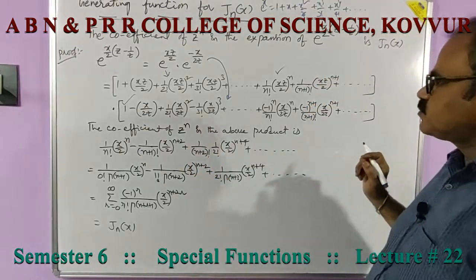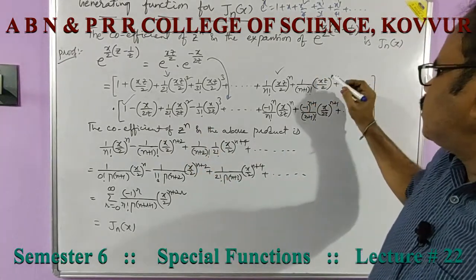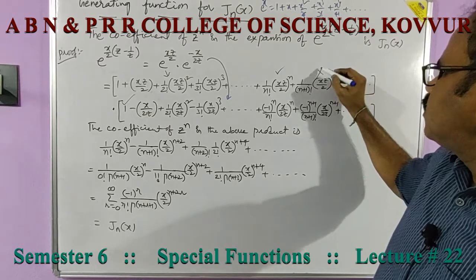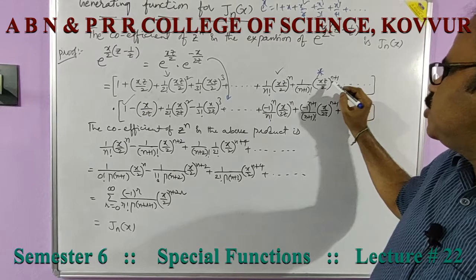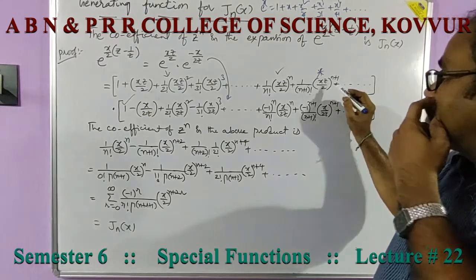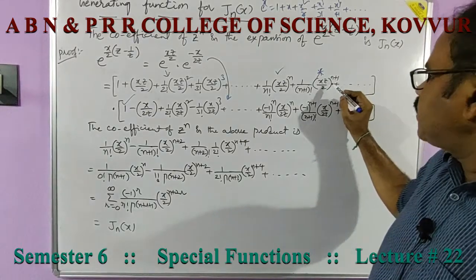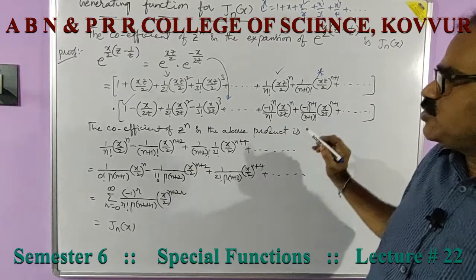Next, this one. What is the power of z here? z power n plus 1. We need the coefficient of z power n by multiplying these two.